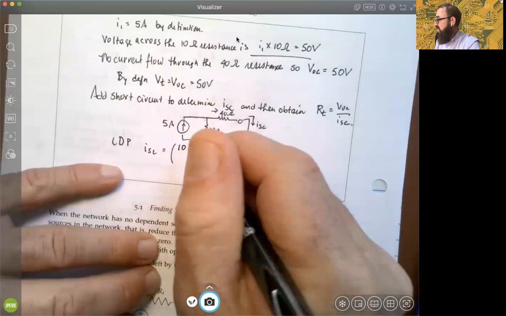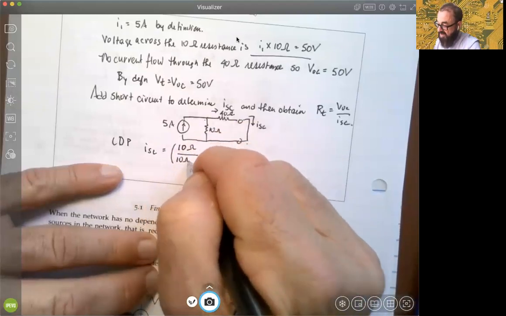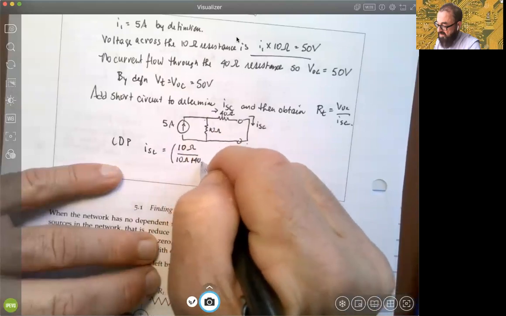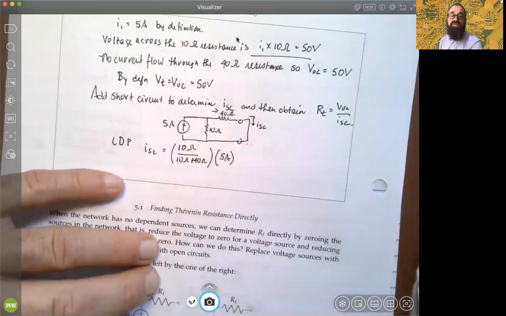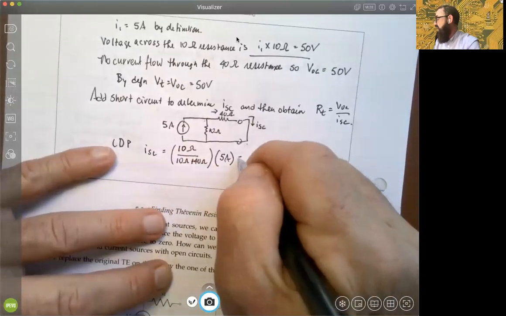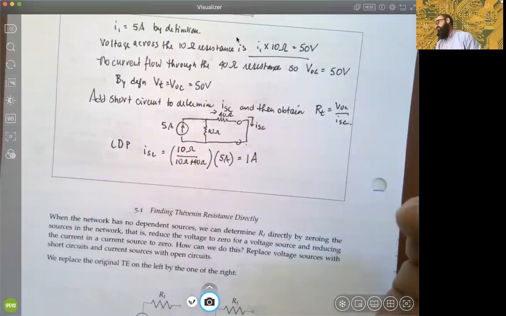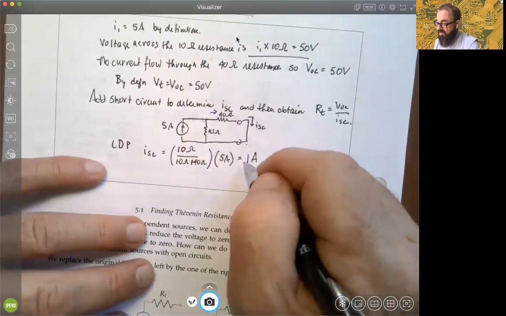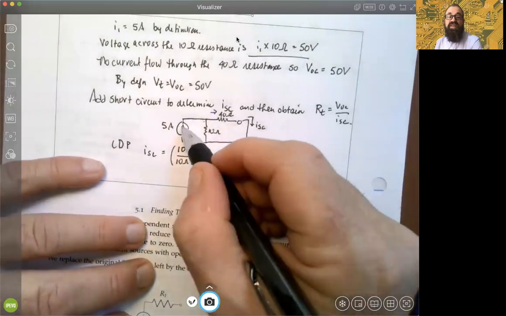I'll take 10 ohms divided by the sum of them, 10 ohms plus 40 ohms, weighted times the 5 amps, the original current source, and we will determine that it's got to be 1 amp.